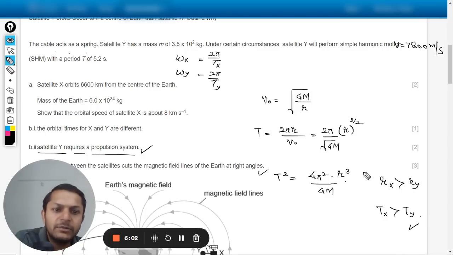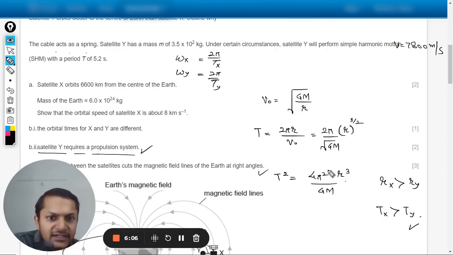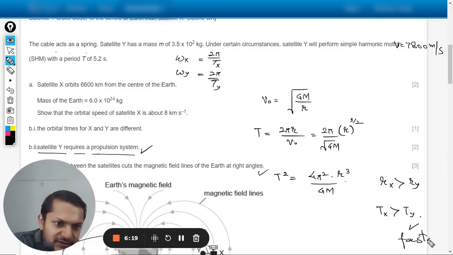Just a moment, let me make sure: because the radius is more for X, the time period will be more for X. Yeah, there is no doubt about that. So the time period will be more for X, so Y is moving faster.